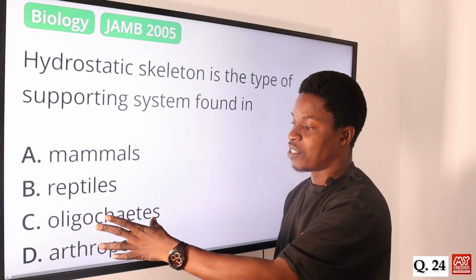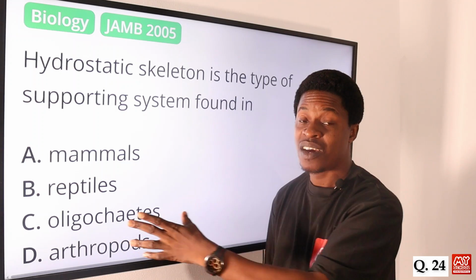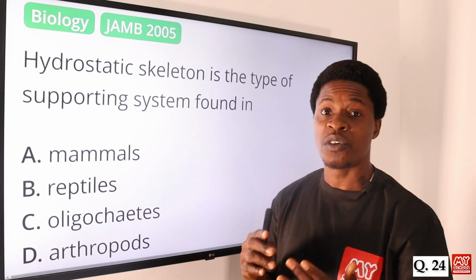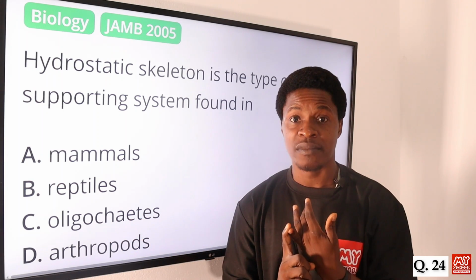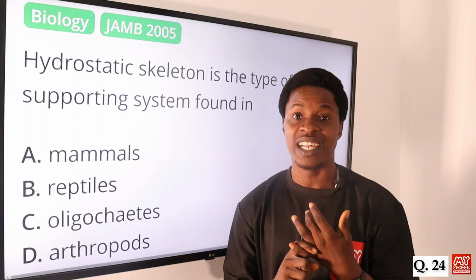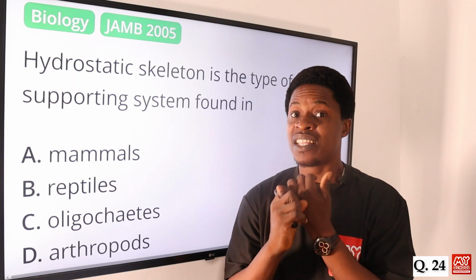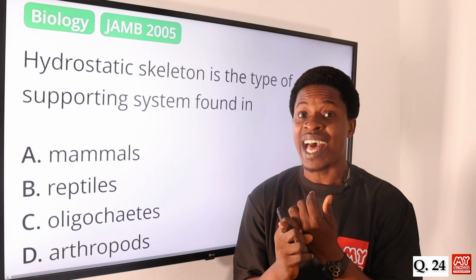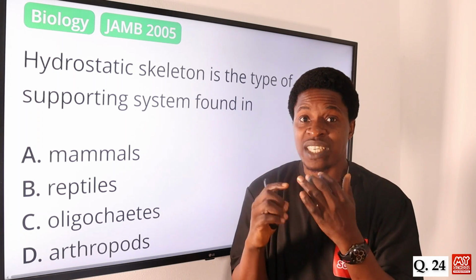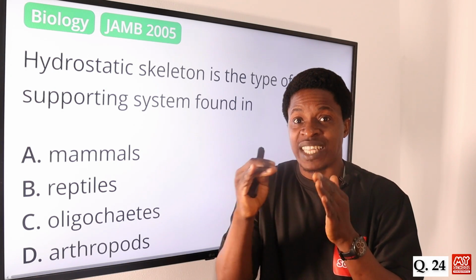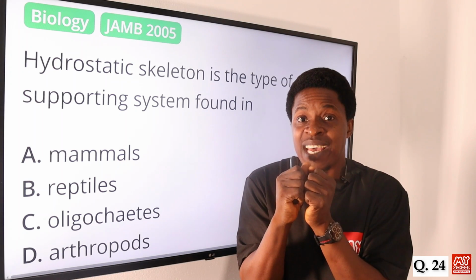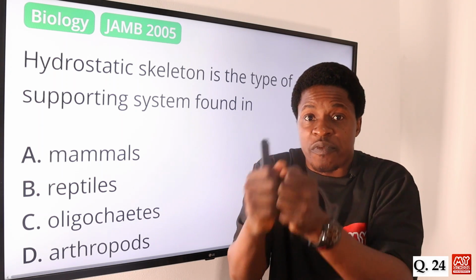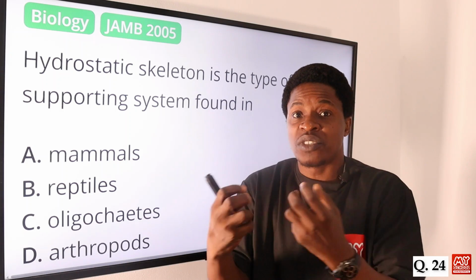The oligochaetes, just like the earthworm. How does that happen? They have what we call the fluid-filled coelom. Coelom is spelled C-O-E-L-O-M. So they have the fluid-filled coelom, which, like the name implies, is filled with fluids, and that helps them to do what? To move by contraction.